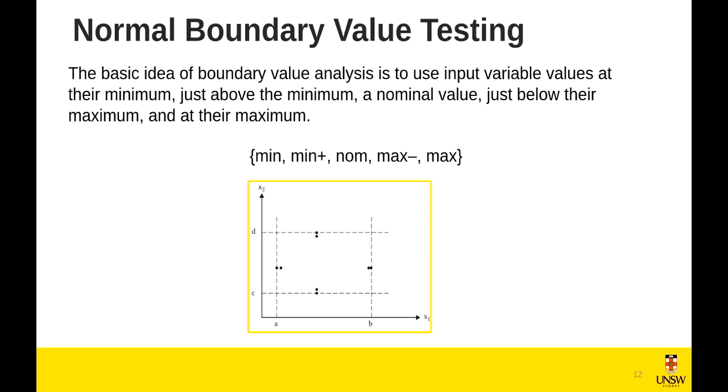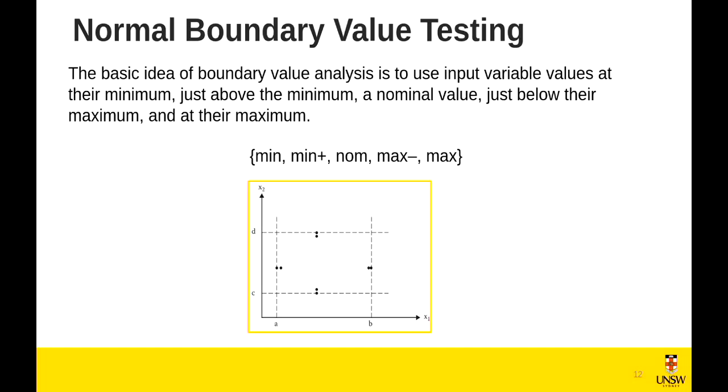They are the inputs representing the variable values at their minimum or maximum, and we can see some dots slightly below or above the boundaries, values smaller than the maximum value or slightly bigger than the minimum value. These are the boundary values we take.